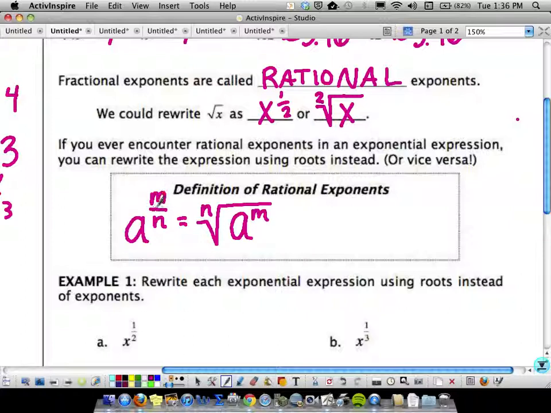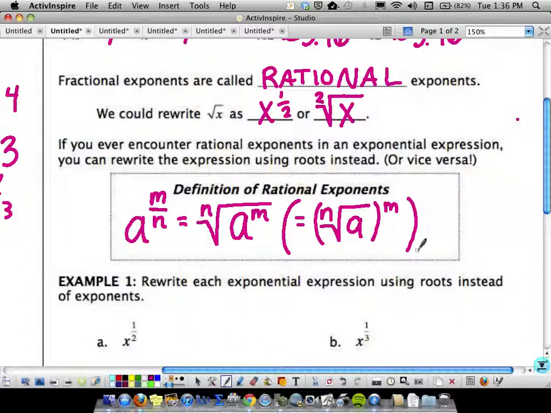So a to the m over n, that's rational exponent notation. We can rewrite in root notation. And we would say this as the nth root of a raised to the m. And then there's one alternate way of writing things. I'm going to put this in parentheses. We could rewrite this as the nth root of a, and then all of that raised to the m.